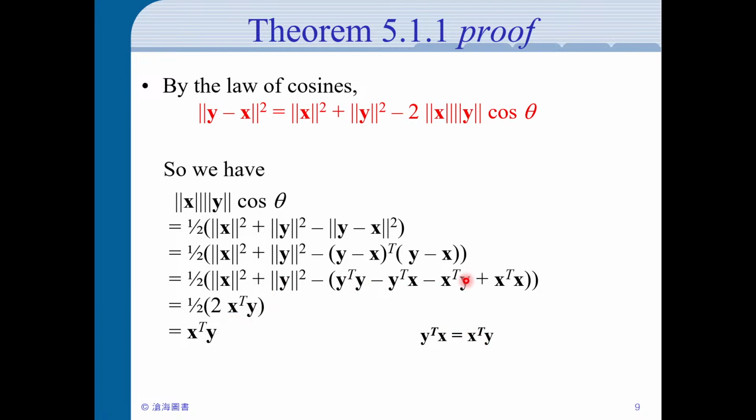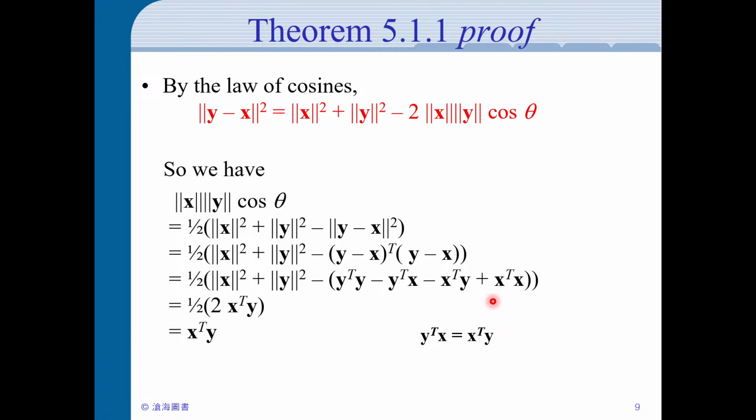So you have y^T x plus x^T y, but remember x^T y and y^T x are actually numbers, and they are actually the same number, right? Because both of them equal x1 y1 plus x2 y2 for x and y. Okay. That's easy to prove.